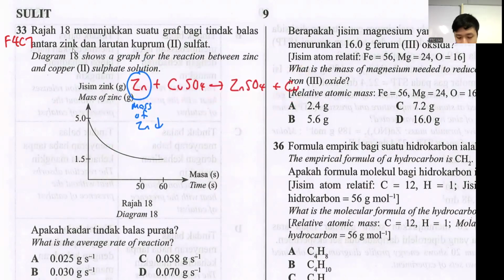So you see at the beginning, the mass of zinc is 5 gram. After reaction, left 1.5. When it is 50 seconds, it reaches 1.5 gram. Left only 1.5 gram.